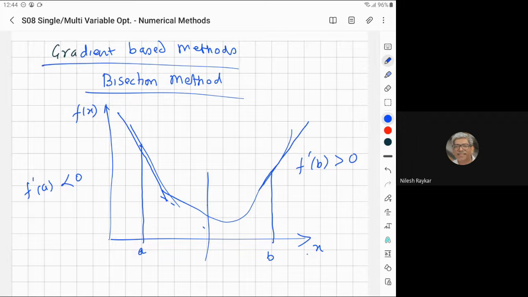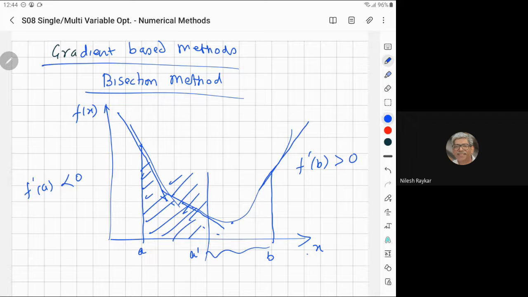So in this case, the way I have drawn, the minima is lying here. Assuming that there is only one minima, necessarily the slope here will be negative. In that case, you can chop off this much section, and your new region would become from here to there. This is the new A dash, and the B remains as it is.